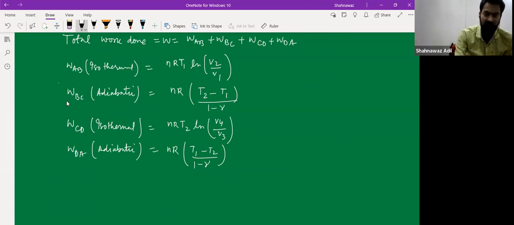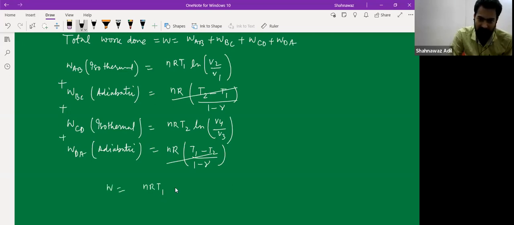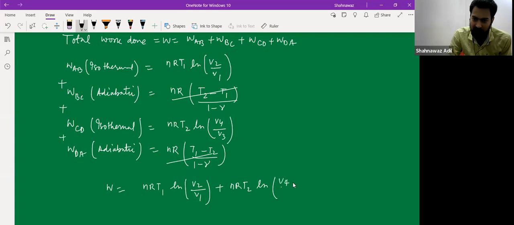So the total work done would be the total of these quantities. So this term will cancel out, right? So work done would be nRT1 ln of V2 by V1, and then plus nRT2 ln of V4 by V3, right?